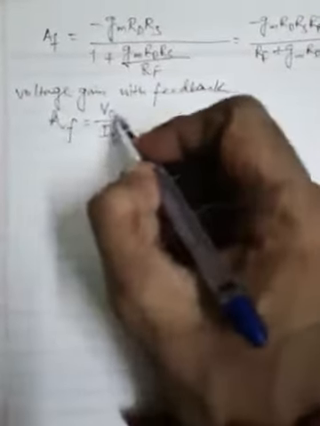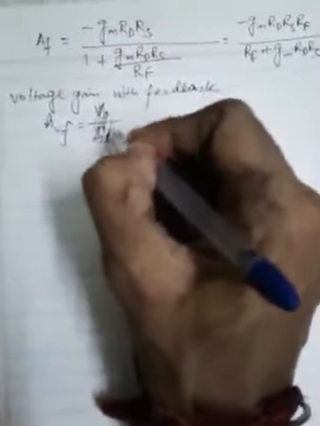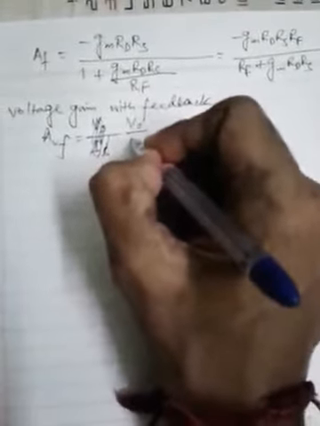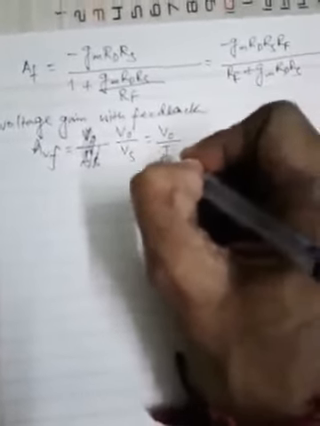Suppose we need to find it as Vo by Vs first. This is the expression for voltage gain. This can be written as Vo by Is into Is by Vs, just rearranging. Now what is this Vo by Is? This is nothing but AF into Is by Vs.